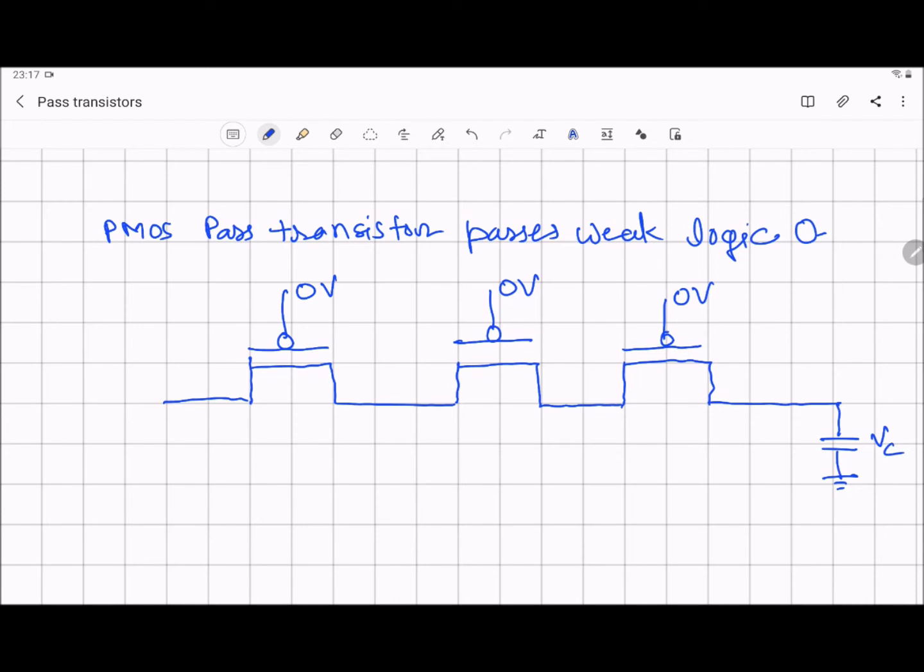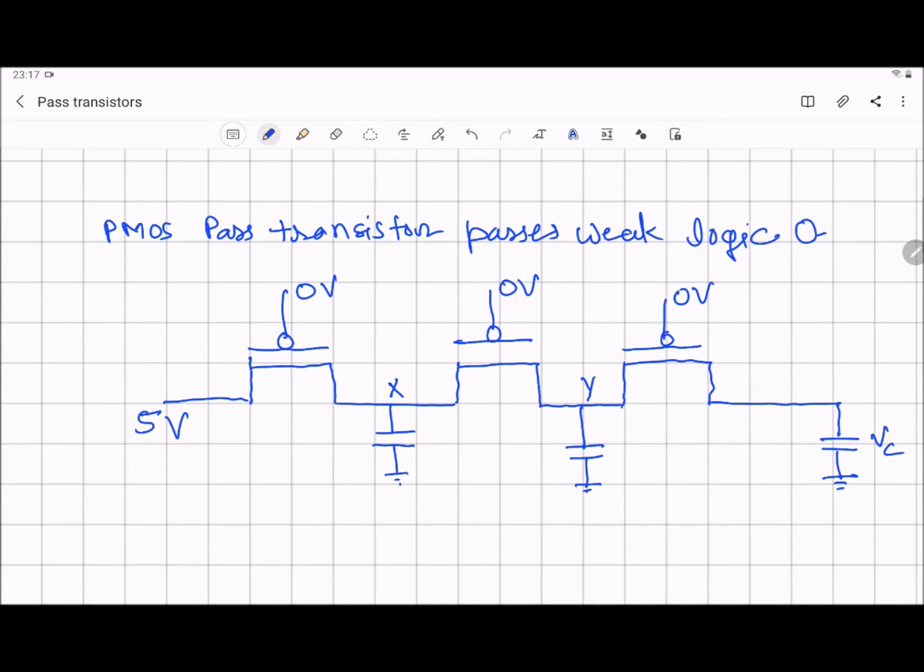I am applying 5 volt at the input. And I am assuming some virtual capacitors in between.